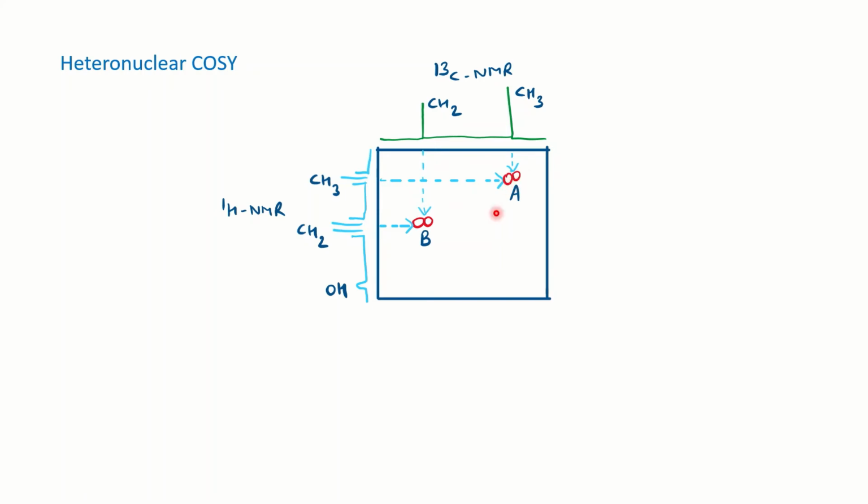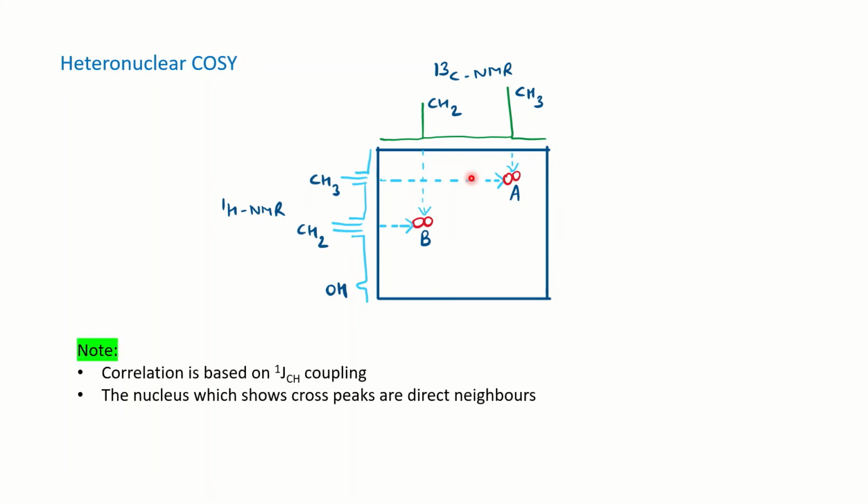Then again if you go down from the CH2 carbon and the CH2 proton, it is meeting some area B, that says this signal belongs to the CH2 and the previous one, A, belongs to CH3.